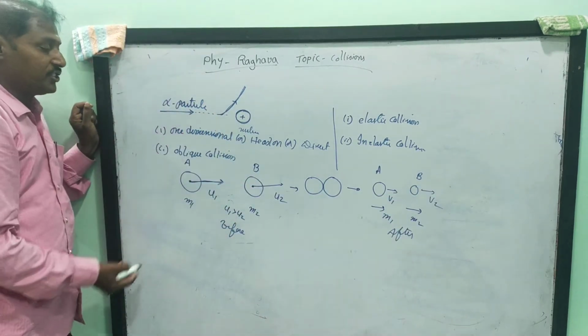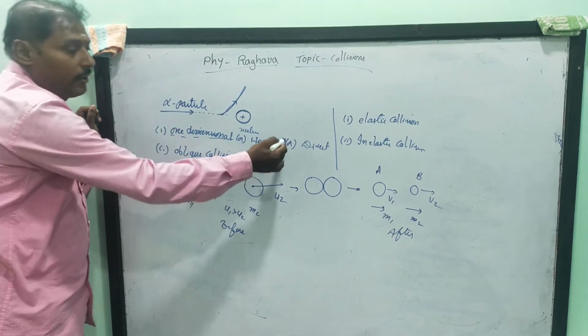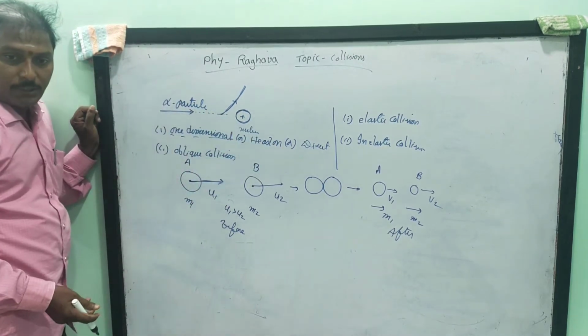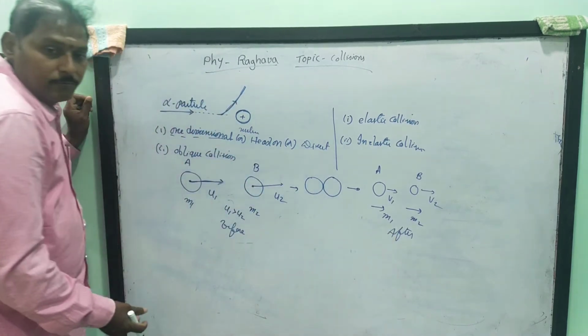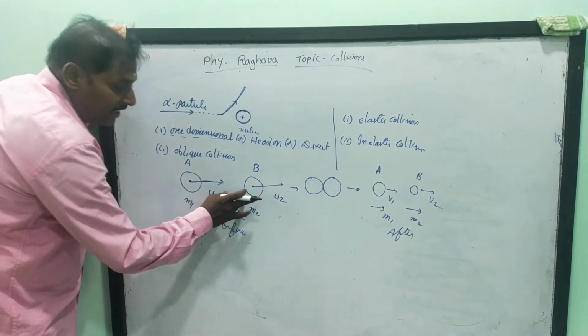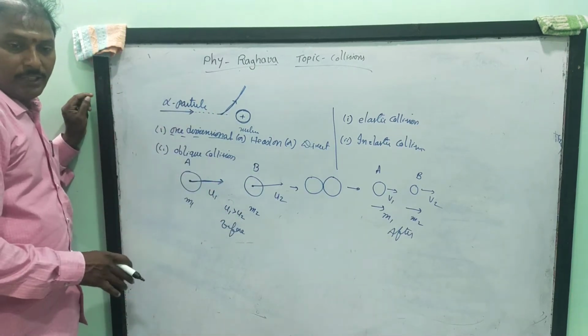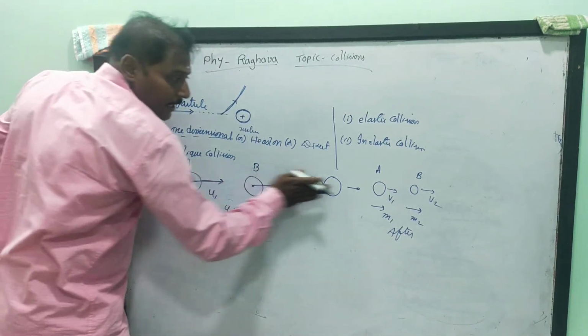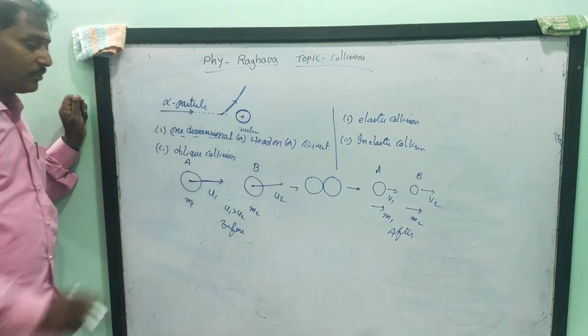Such collisions are called one-dimensional collision, or head-on collision, or direct collision. That means before and after collision, the velocity vector directions do not change; they are along the same straight line. That is called one-dimensional collision.